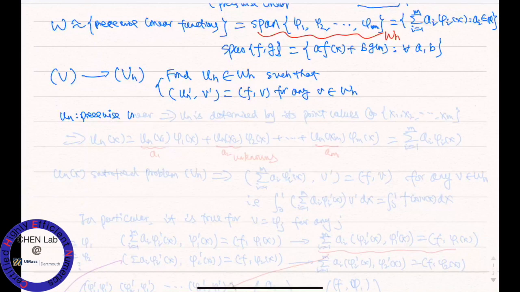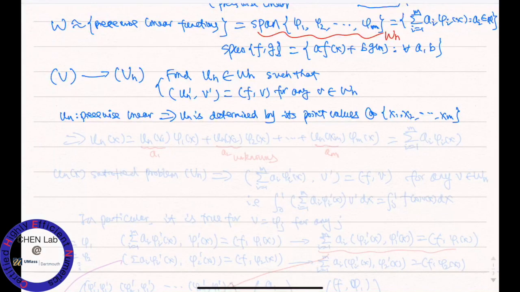U_H is piecewise linear, which means U_H is determined by its point values at x1, x2, all the way to xm. If you tell me the point values, and you know it's piecewise linear, then just connect the point values.